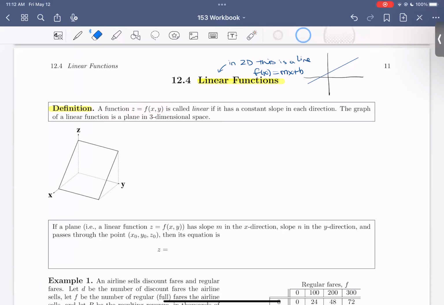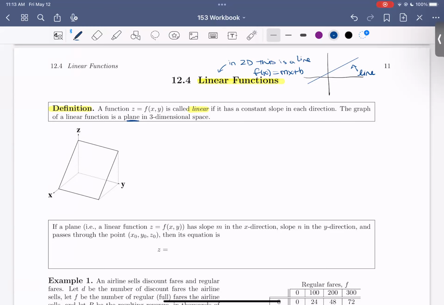So this function is called linear if it has a constant slope in each direction. The graph of a linear function is a plane in three-dimensional space. So a linear function of one variable is a line. With two variable inputs, we get a plane.